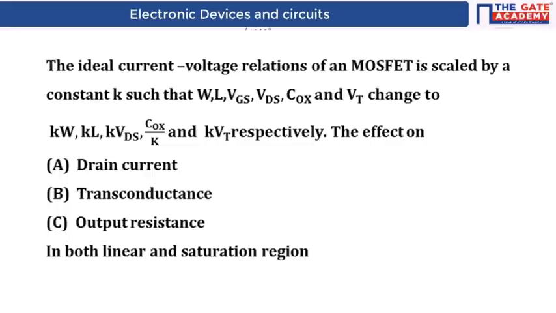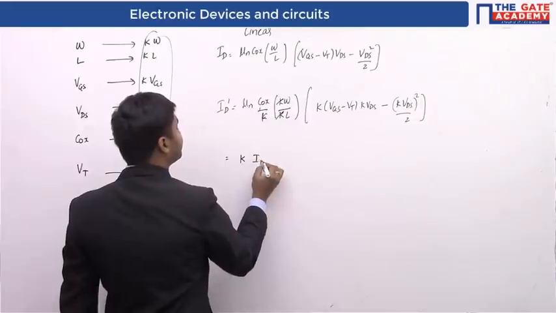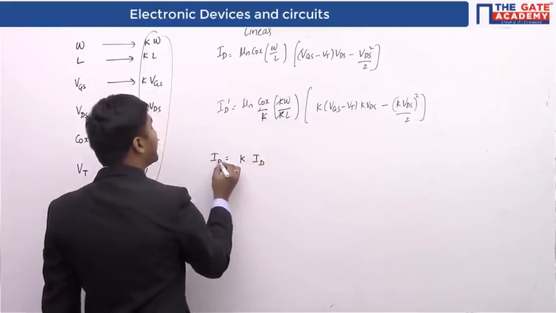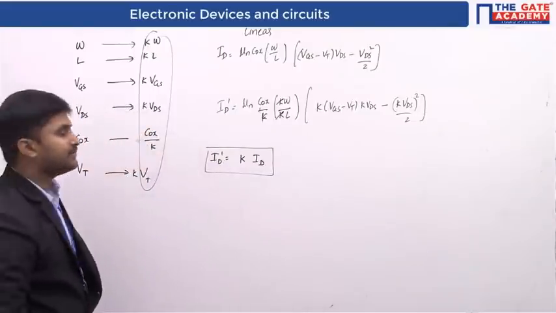So when K comes out, here the K's get cancelled out, K square comes outside and it gets cancelled with that of K. So it is going to be K times that of ID. So your ID dash is going to be K times that of ID.